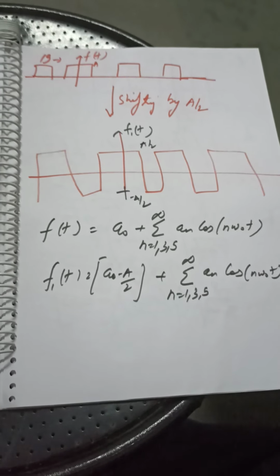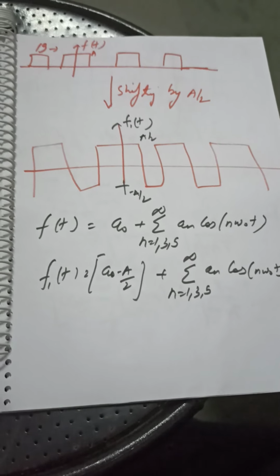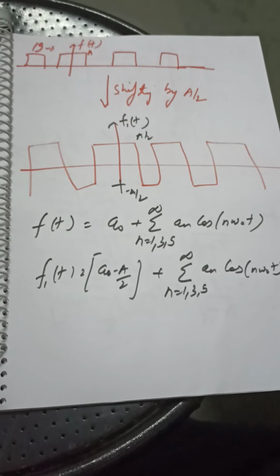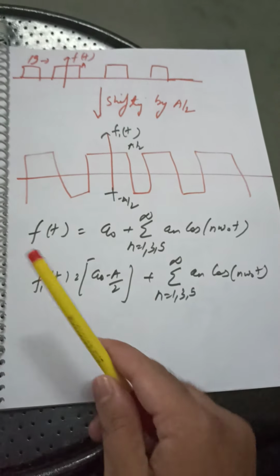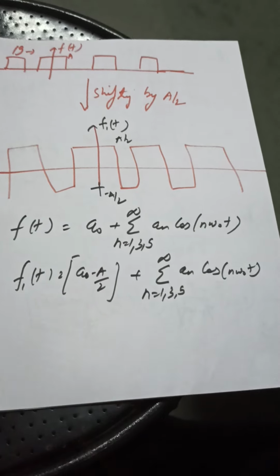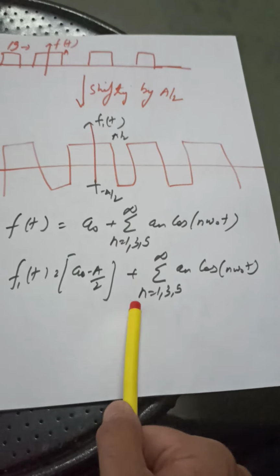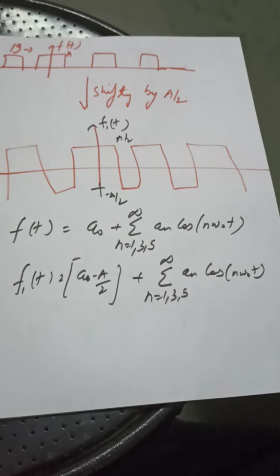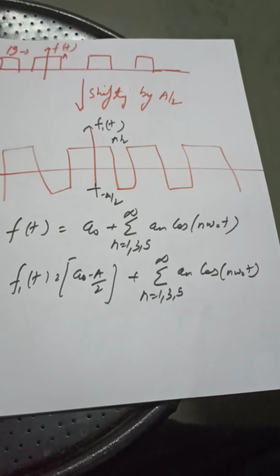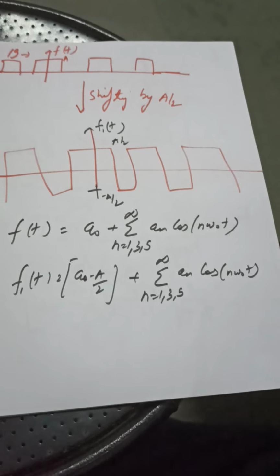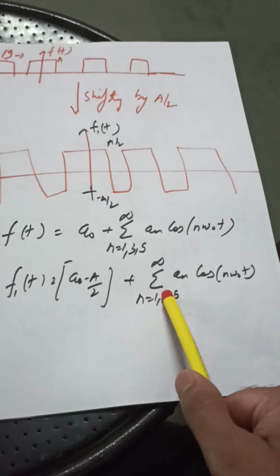So as it is concluded that the b n terms are missing, we can straight away arrive at the expression of the shifted signal, that is f1 of t equals a naught minus A by 2 plus summation a n cos of n omega naught t. Yes, this is shifted by A by 2. One very interesting and beautiful thing has come into the picture: n has all the odd harmonics, 1, 3, 5, 7.